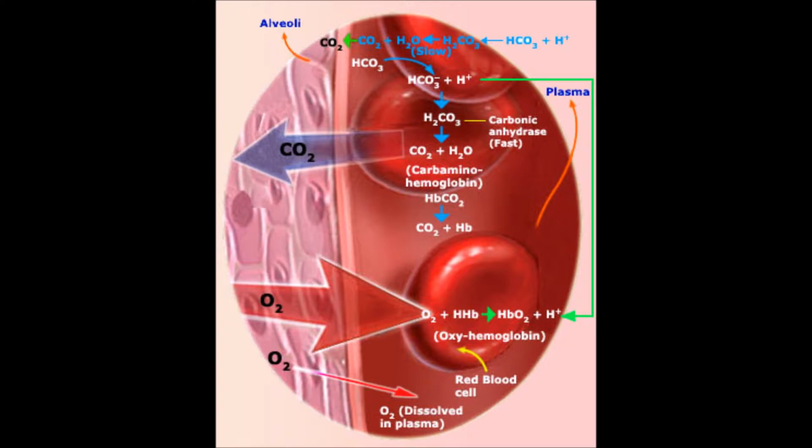If both of those get too high, the area in the brain assumes you're becoming too acidic. Because if you retain carbon dioxide, you're going to produce more carbonic acid, thus more hydrogen. So then your respirations will increase.